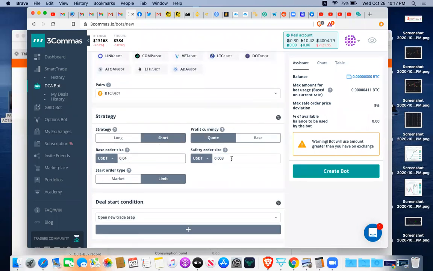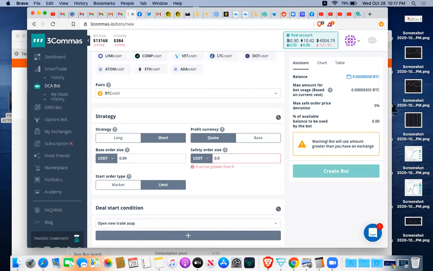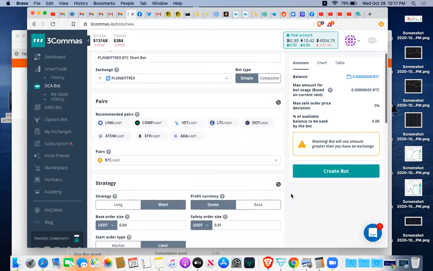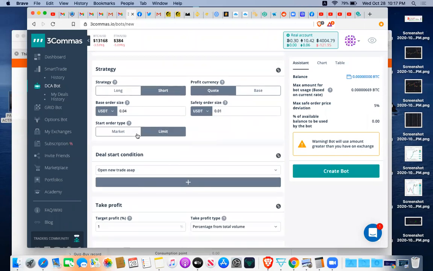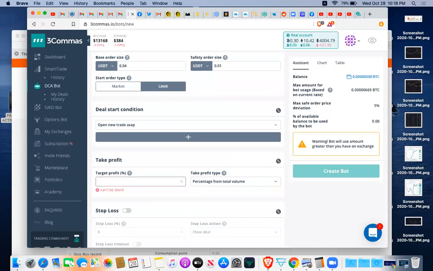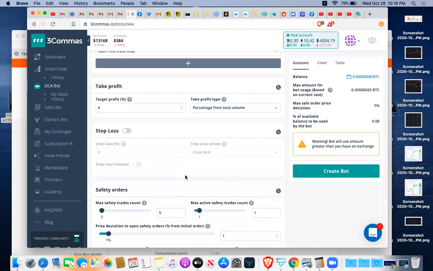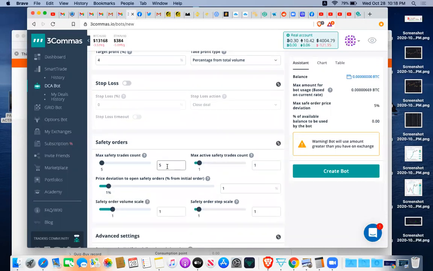I'll sell then the safety order 0.01, in that order, and then continue and make limit orders, and take profits at every 4%. Just going, and then how many orders? So just like that, and then the market starts picking. As the market is dropping, it's giving me my profits. As BTC is dropping, it's giving me my profit continually.